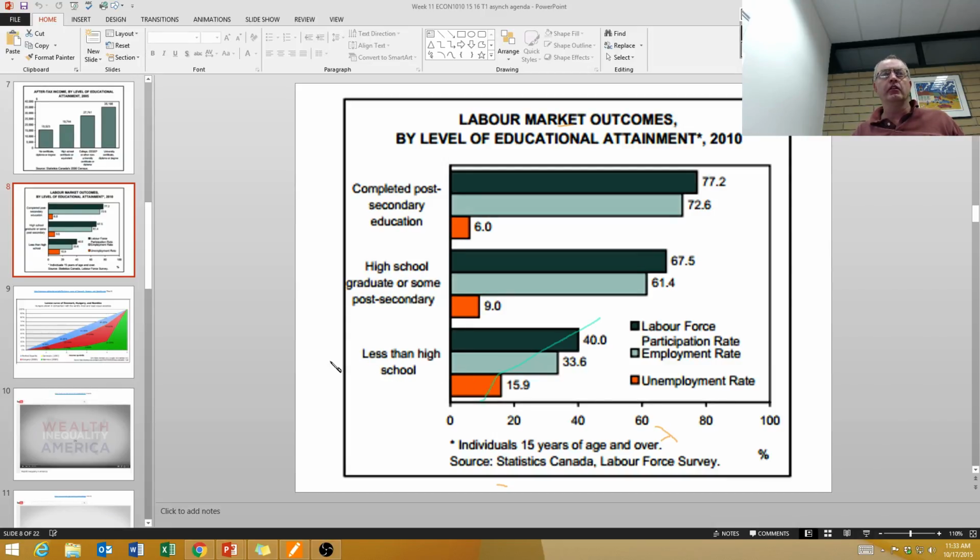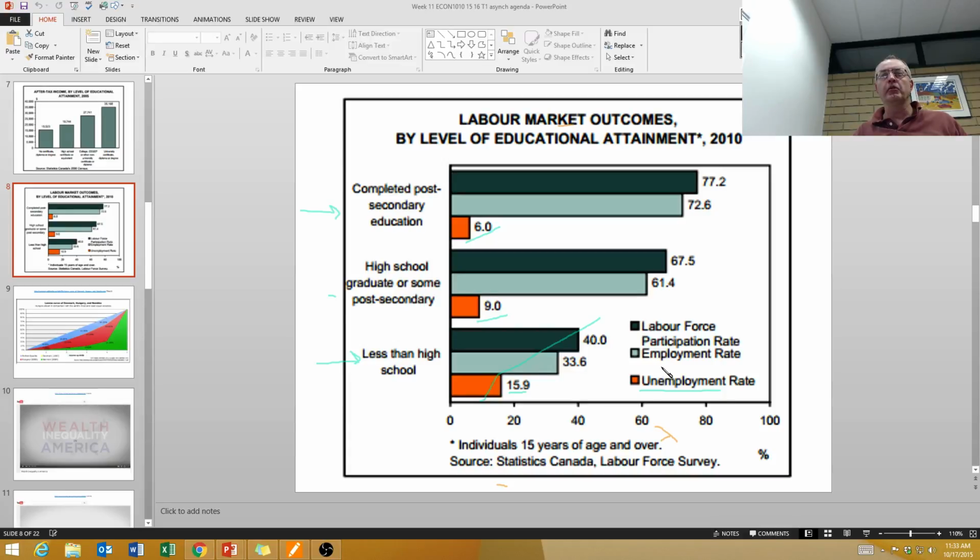Okay, so the lower educated we are, the relatively higher the level of our unemployment rate. If we have less than high school, the unemployment rate is about 16%. If we have high school or some post-secondary, the unemployment rate is about 9%. And if we have completed post-secondary education, then our unemployment rate drops to about 6%.